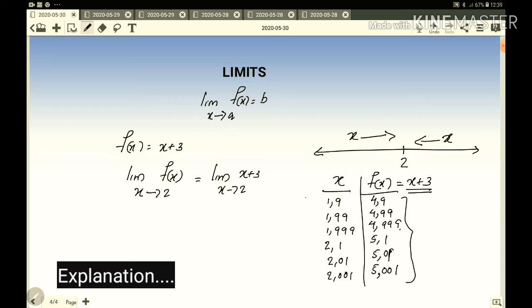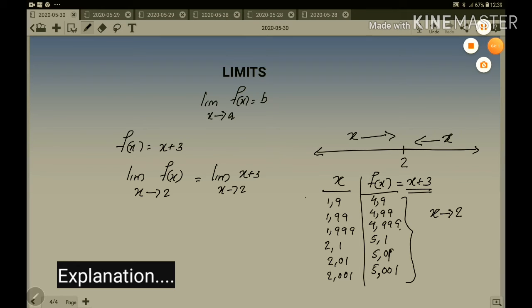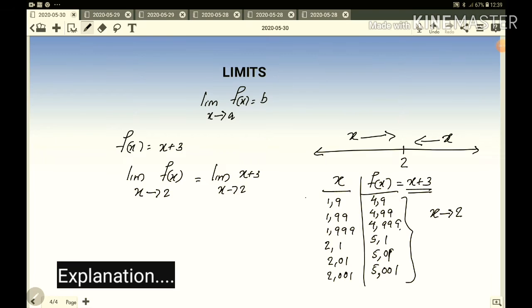It is all indicating that when x tends to 2, f of x moves to 5. Do you see that? f of x moves to 5 because all the f of x values, when you round them off, you can see 5. It is moving towards 5.